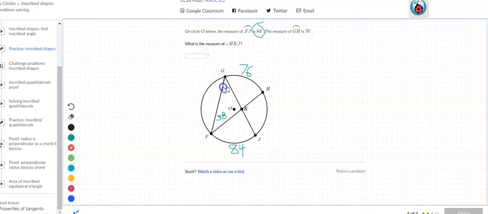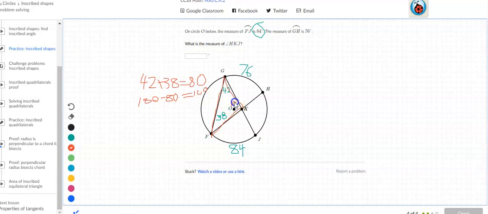And so now I have this triangle that I can then subtract from 180. So 42 plus 38 equals 80. And so then 180 minus 80 equals 100.